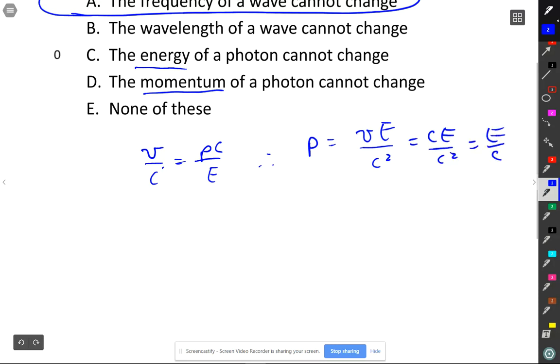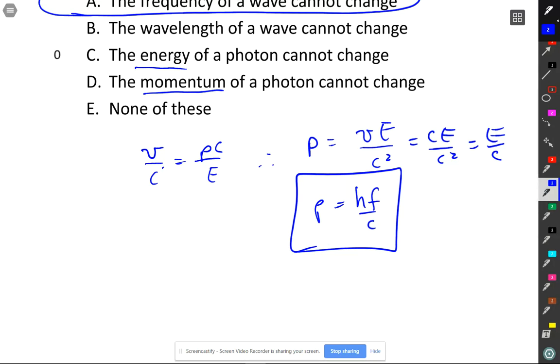So the momentum for a photon is its energy over C. But we just learned the equation for the energy of a photon is HF. So there's the equation for the momentum of a photon. So photons have momentum.